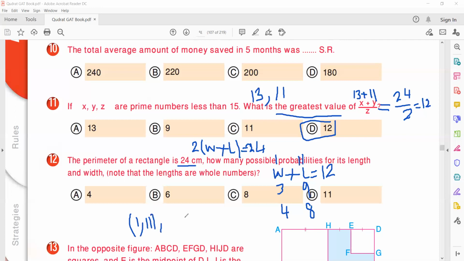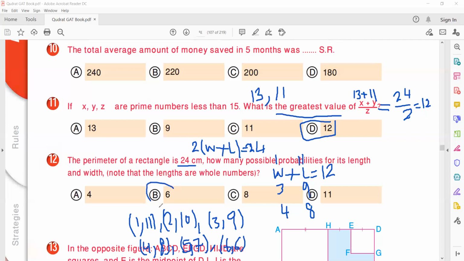Also 2 and 10, 3 and 9, 4 with 8, 5 with 7, and also 6 with 6. That's all the possibilities. How many? It is 6. So the answer is B.